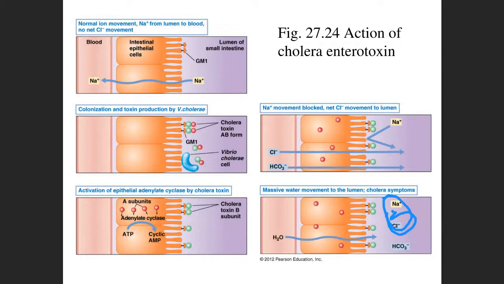People with cholera actually die of dehydration because they keep losing water. So the first immediate treatment when they have cholera is to give IV water so that they can stay hydrated. Okay, and so that's the cholera toxin and its effect.